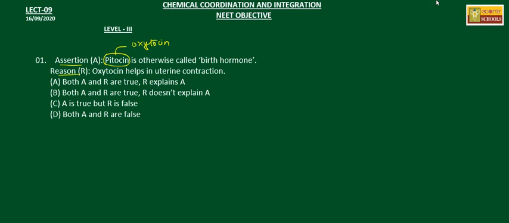So oxytocin helps in uterine contractions, and for that reason it is called the birth hormone. Both assertion and reason are true statements, and the reason explains the assertion. So both A and R are true, and R explains A. Option A is the right answer.